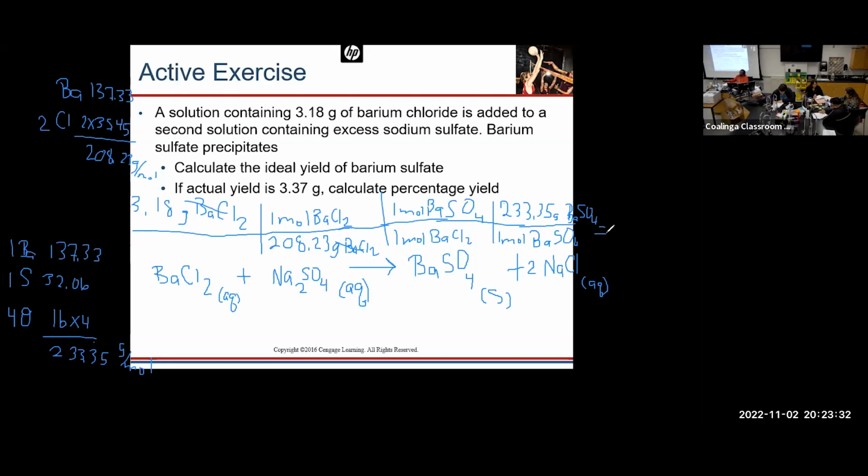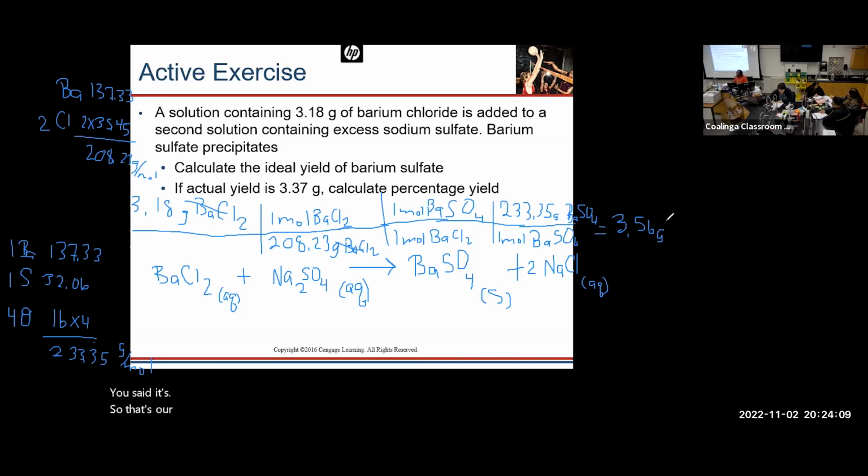What do you guys see? 3 sig figs. Okay, so that's our ideal.